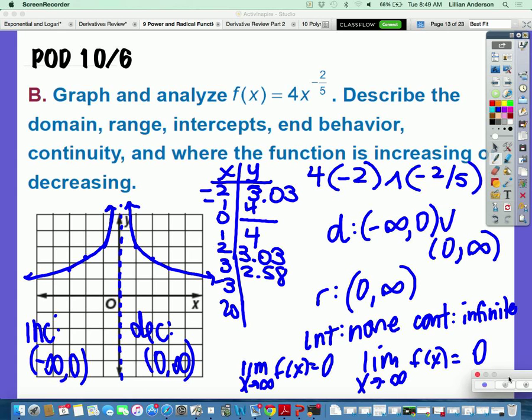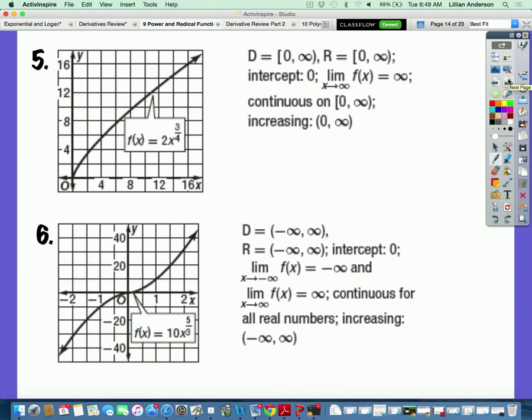All right, so I wanted to give you one that wasn't like the other two from your homework, okay? In this case, we have a negative and then an odd n, but in your homework, I believe you had an even n that was positive and then an odd n that was positive, okay?